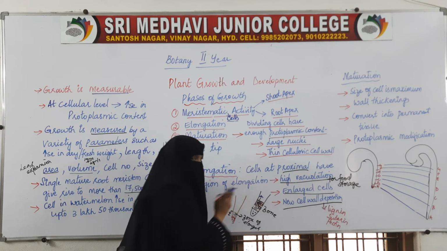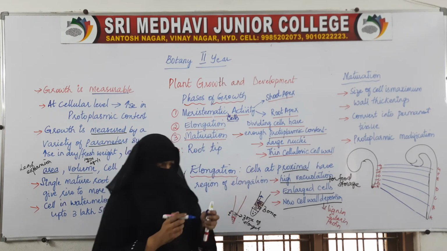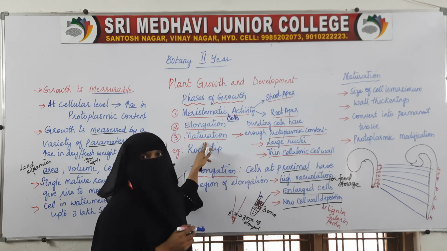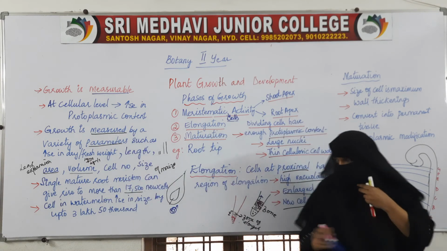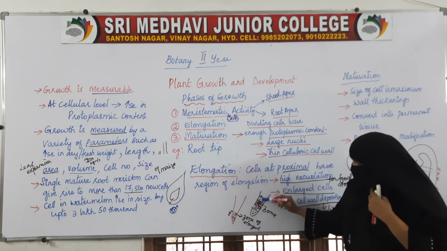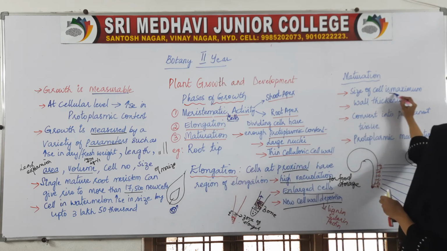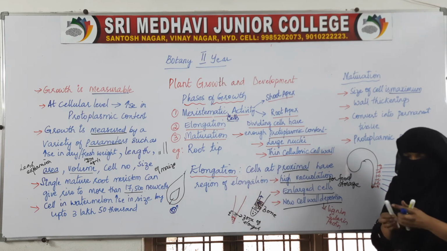Just above the zone of elongation will be the zone of maturation. When these cells move from here to here, they will have maximum size.